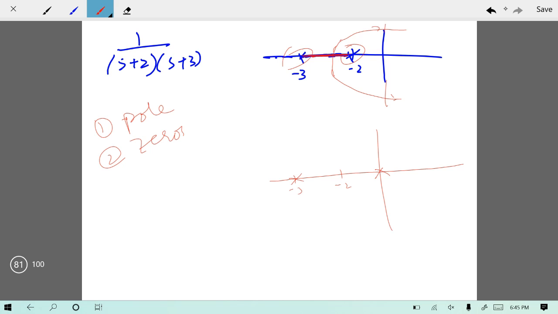Then you have two zeros at any location depending upon the values of Kp, Ki, and Kd. So now instead of this portion, you would have this portion of real axis as the part of your root locus. This will move to this zero and one will move to this zero.